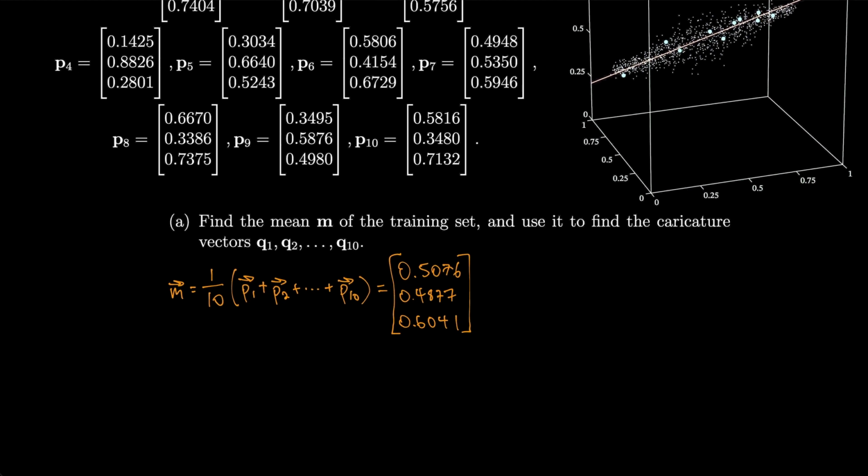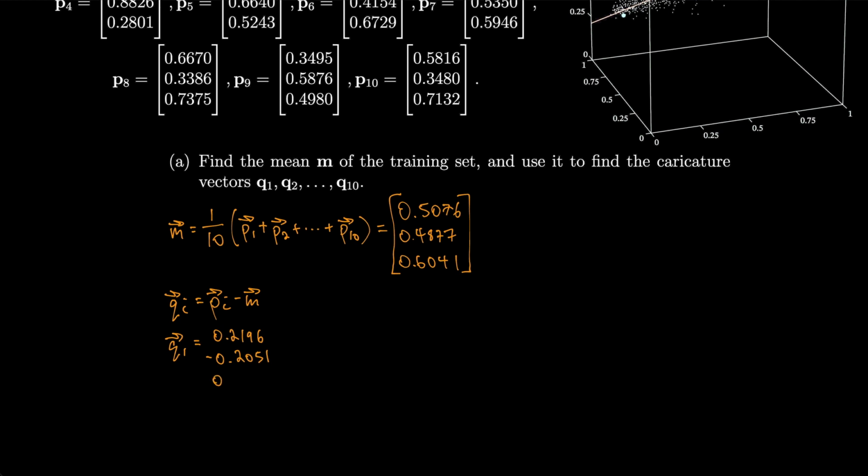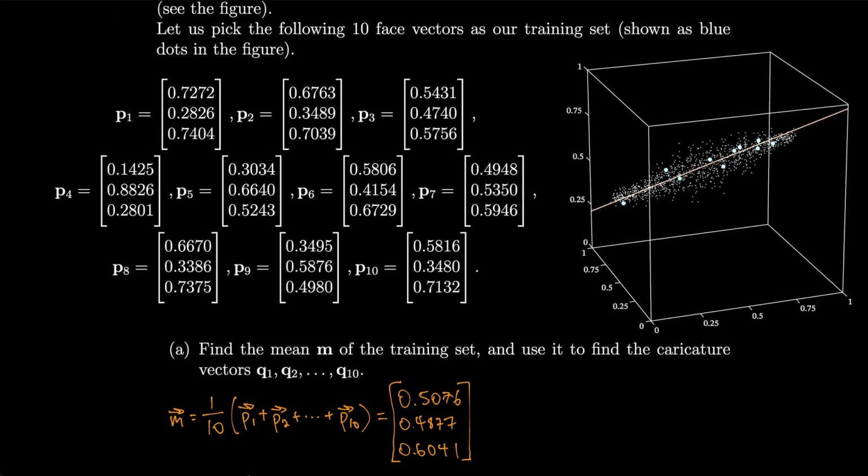Then each of the caricature vectors q_i for i from 1 through 10 will be equal to p_i minus the mean vector. That gives us q1 equal to 0.2196, negative 0.2051, 0.1363, just by taking p1 minus m.